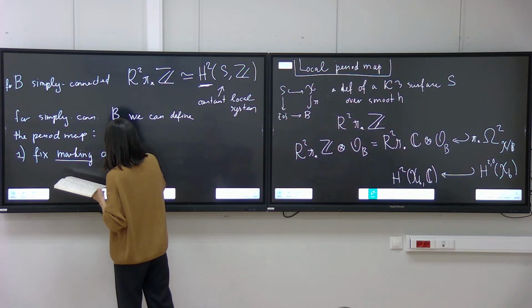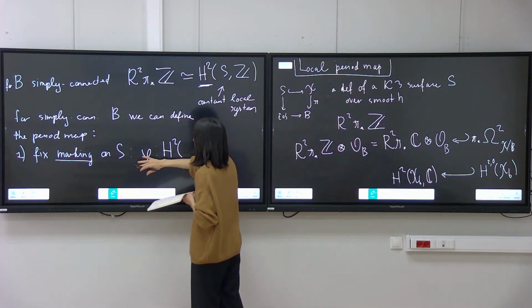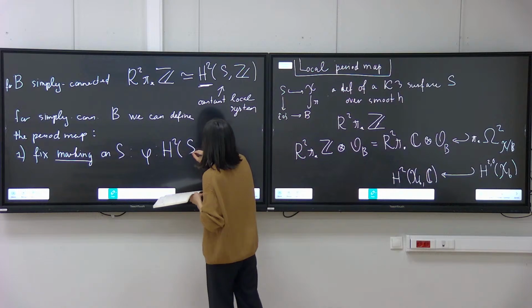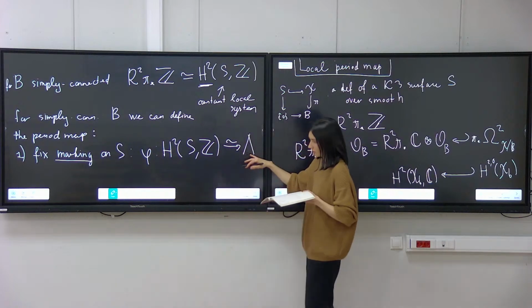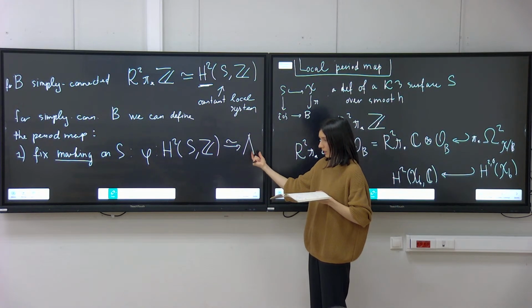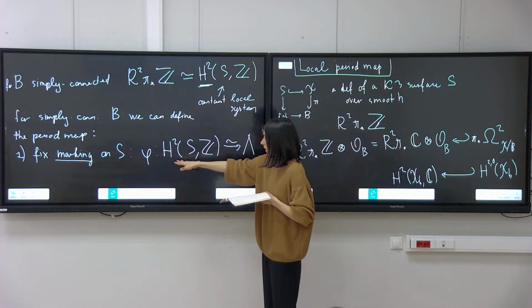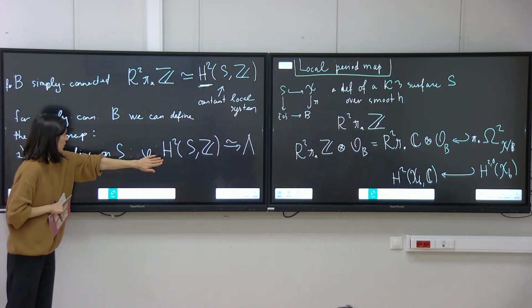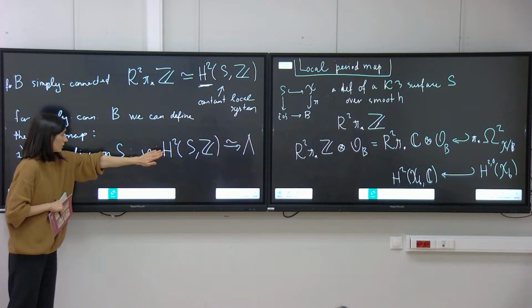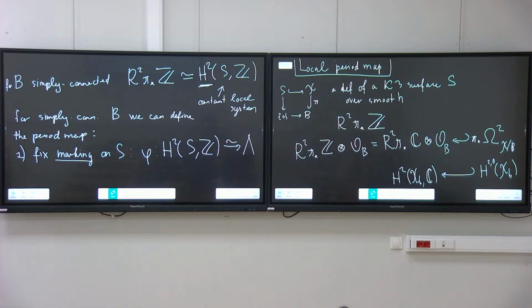Fix a marking on S. This is an identification, not canonical, just an identification of its second cohomologies with the lattice that is 2 copies of E8 with U. So we should fix this identification of lattices, and this is called marking.